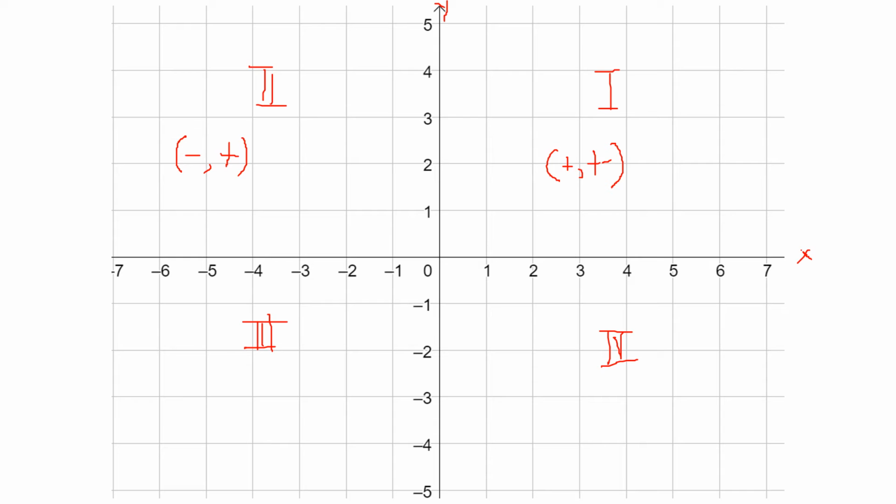First we look at x: the x coordinates are all negative, and the y coordinates are also all negative. For quadrant 4, all x values are positive, and all y values are negative. So the points in quadrant 1 are positive, positive. Quadrant 2 is negative, positive. Quadrant 3 is negative, negative. And quadrant 4 is positive, negative.